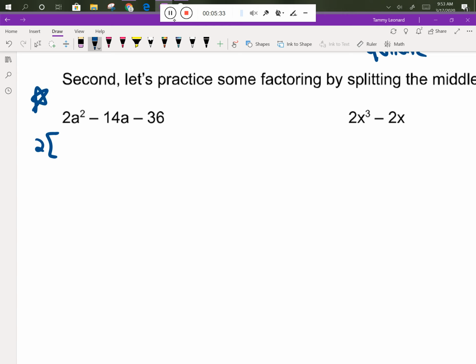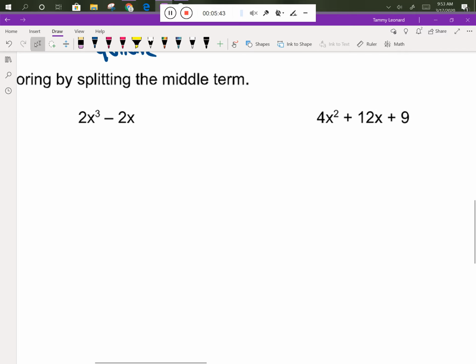You can either push pause and do it right now, or you can go on with me at this time to the middle problem in the bottom. I'm going to do the middle one out all the way with you. Notice when I look at this one, these also both have 2 in common. In addition to having 2 in common, they also both have an x in common. So I'm going to use those big brackets and factor out a 2x.